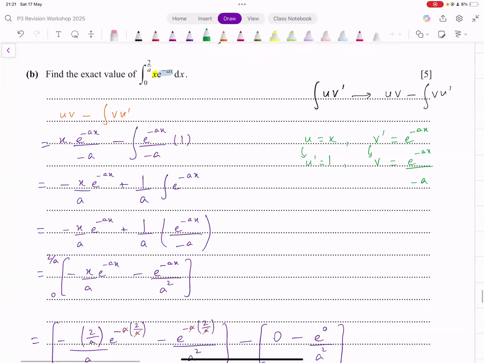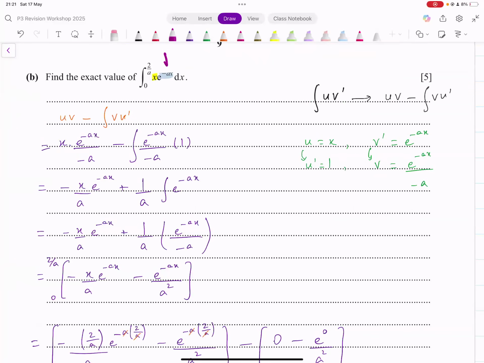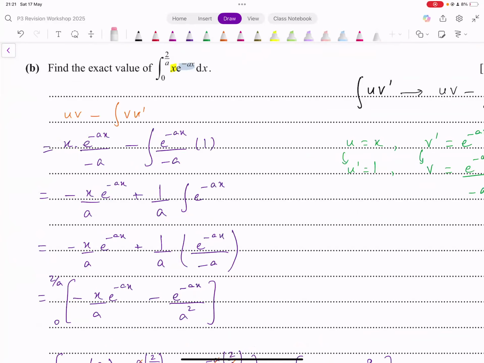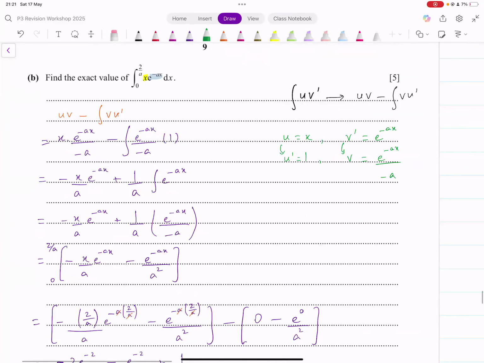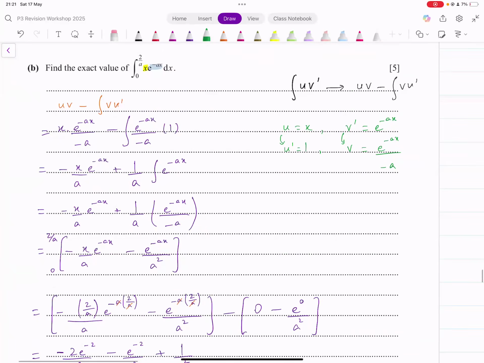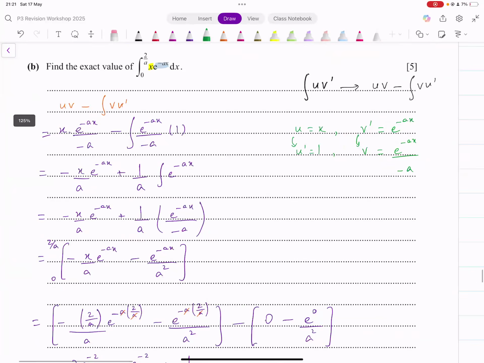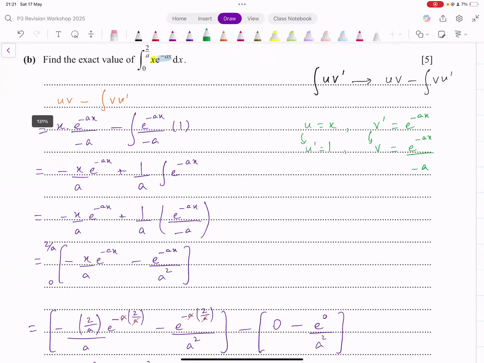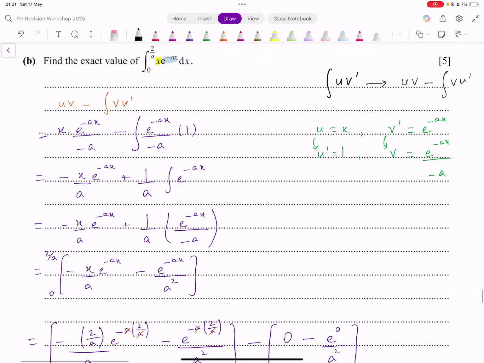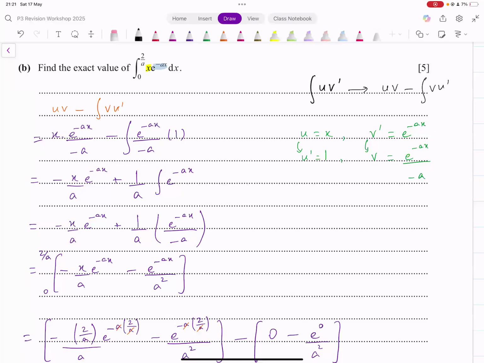Sometimes they will give you constants like this, like we saw in differentiation earlier as well. Now, don't worry about them. That's just a constant. Treat it like a constant and just work in terms of that. So in this case, you have x e raised to power minus ax. It's a product. You apply integration by parts in this. u is x, v dash is e raised to power minus ax, and then just apply integration by parts.